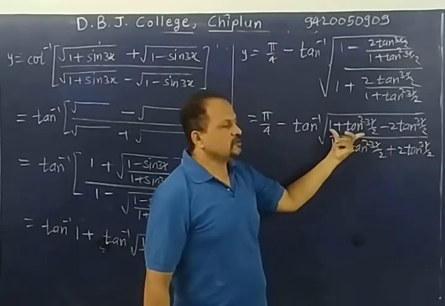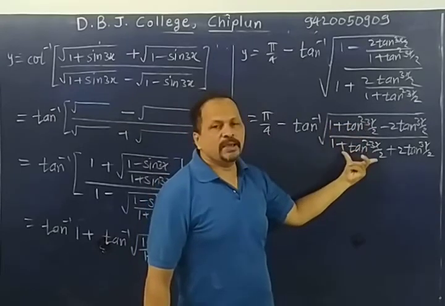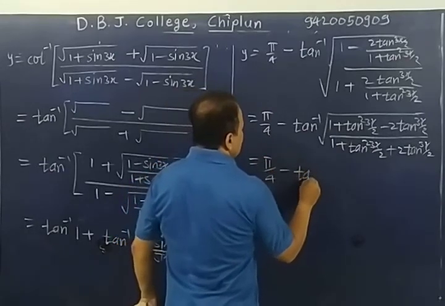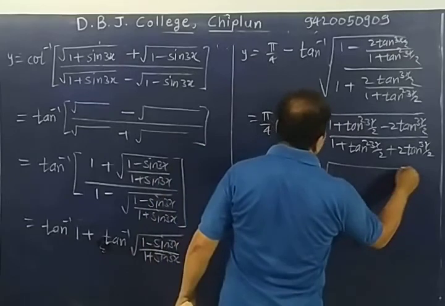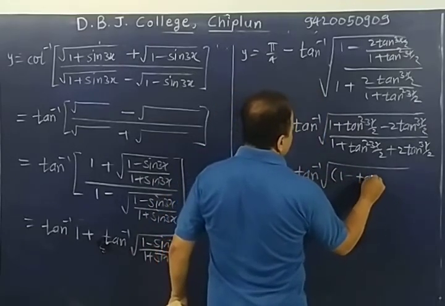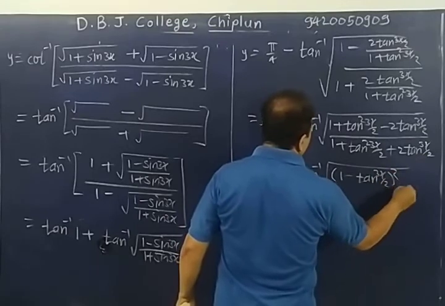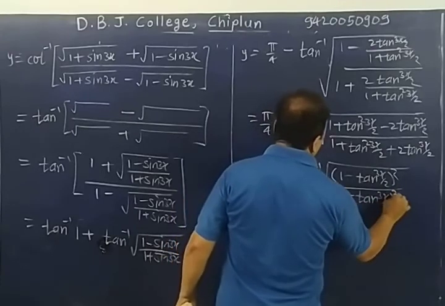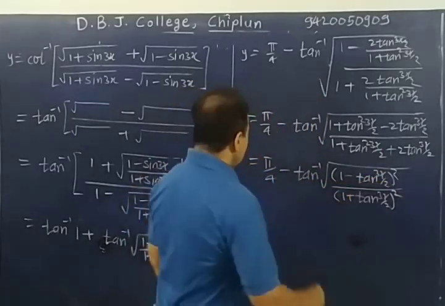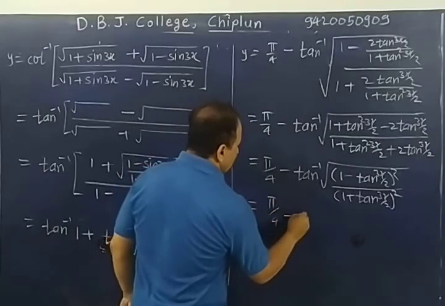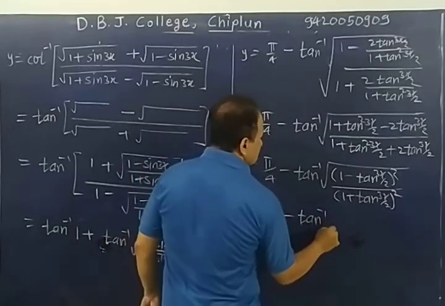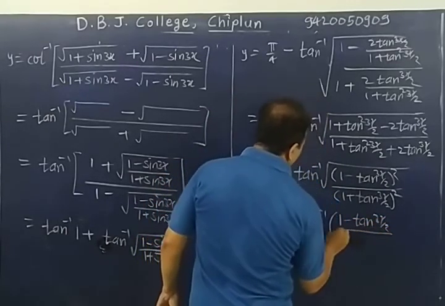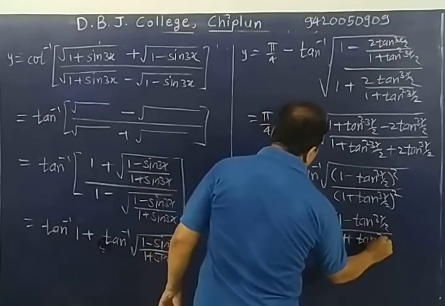So I can apply the formula of (a minus b) whole square and (a plus b) whole square. This is pi by 4 minus tan inverse under root of (1 minus tan 3x by 2) whole square upon (1 plus tan 3x by 2) whole square. Square and square root cancel each other, equals pi by 4 minus tan inverse of 1 minus tan 3x by 2 upon 1 plus tan 3x by 2.